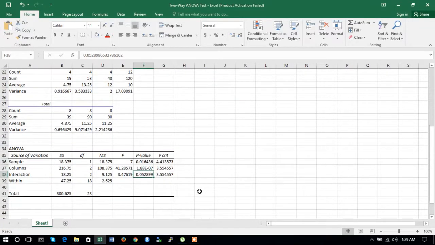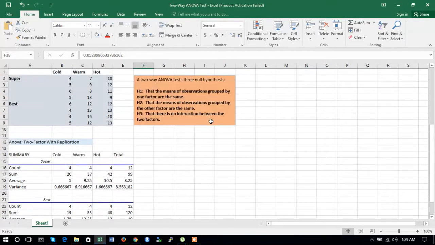Now considering the other factor, the column source of variation, we can again see that the F value is quite large compared to the F critical value. So again we will have to reject that the means of the observations grouped by the other factor are the same.